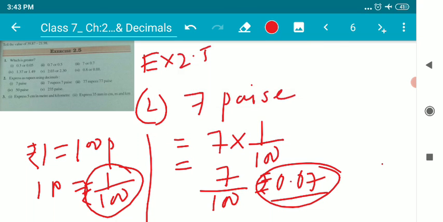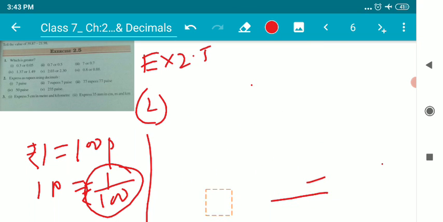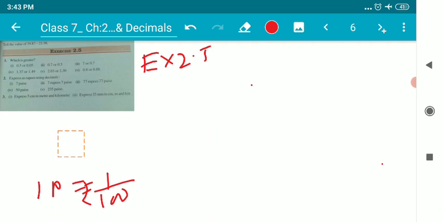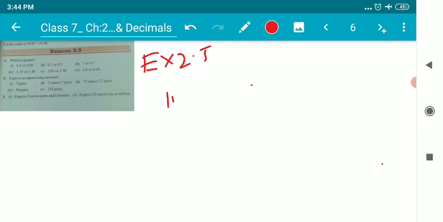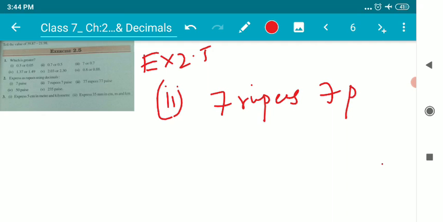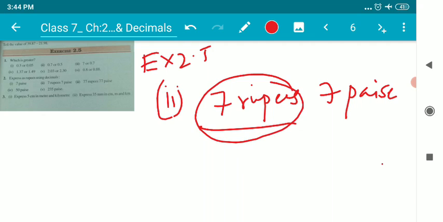Next question is question number 2. Let's see children how to do it. Question number 2 is about 7 rupees 7 paise. Children, 7 rupees is already in rupees, so we don't have to do anything with this. We just simply write 7 only.